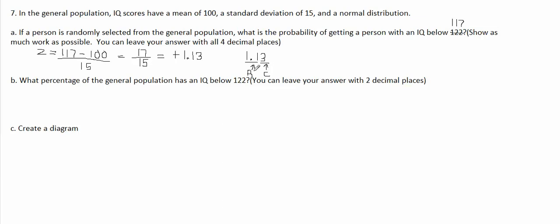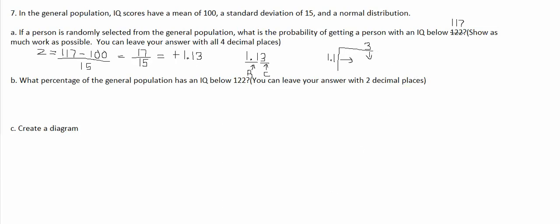So the row is always 2 digits with a point right in between, and the column is always the final digit. So we're going to row 1.1 and column 3. Our answer will be where the row and column meet up.